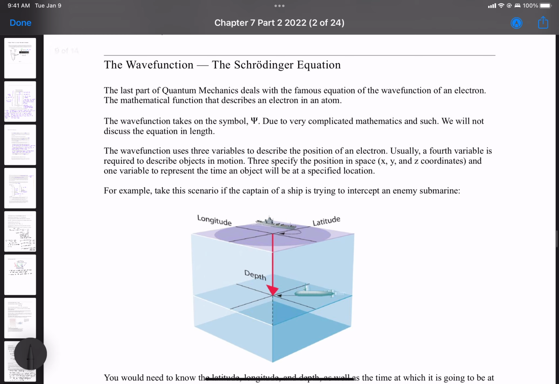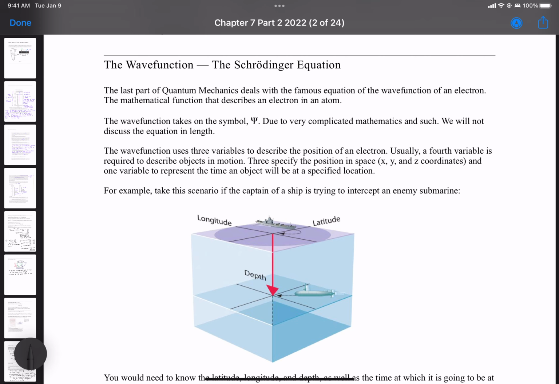Okay, so now we're getting to more abstract topics here. So now let's talk about the wave function, the Schrodinger equation. So the last part of our quantum mechanics, we'll deal with the famous equation of the wave function of an electron. A wave function describes the nature of the electron in an atom.